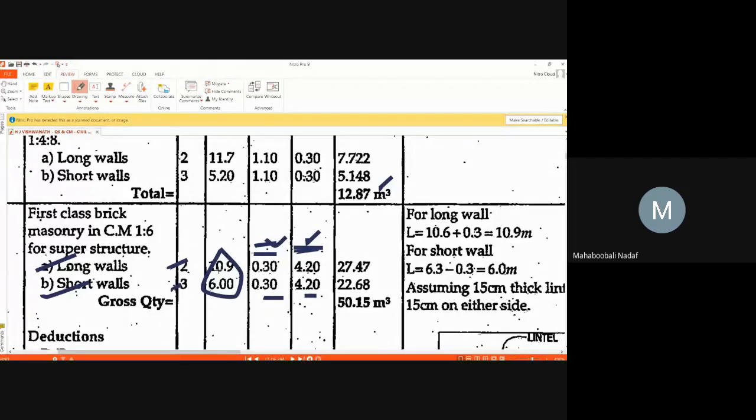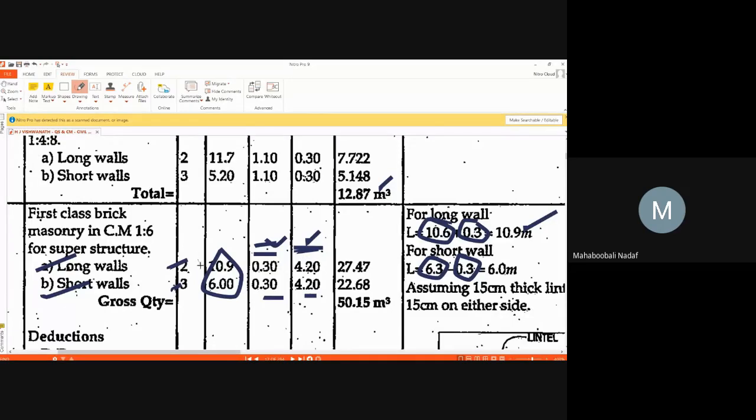How to calculate the length column? For long wall, center to center plus 1 width of that item. For short wall, center to center minus 1 width, or you can write it as minus b by 2 minus b by 2, or only minus b. So width is 0.3, 10.6 plus 0.3 is 10.9.